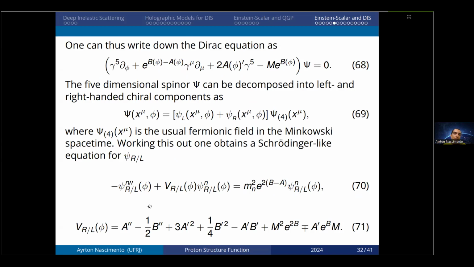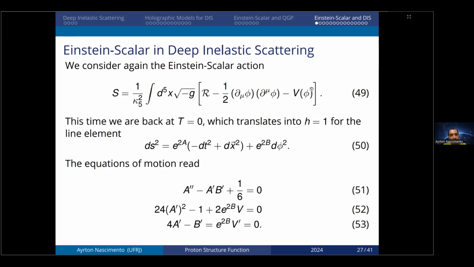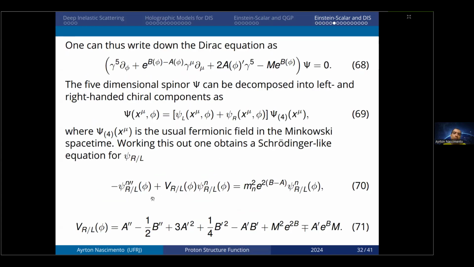I work on the equation of motion, and I get this one, equation 70 here, in which I have a potential. This potential is different from this one over here. It's a potential related to the equation of motion for the fermion field.